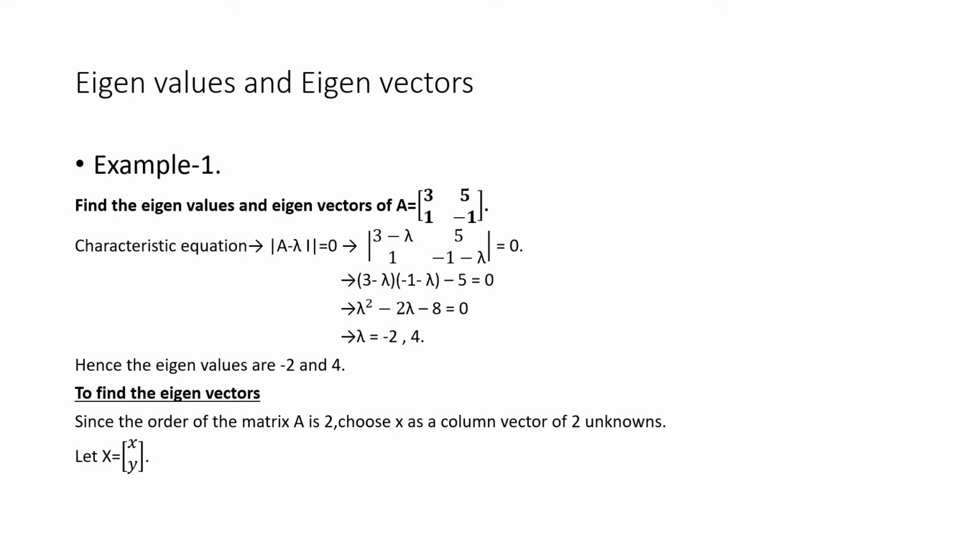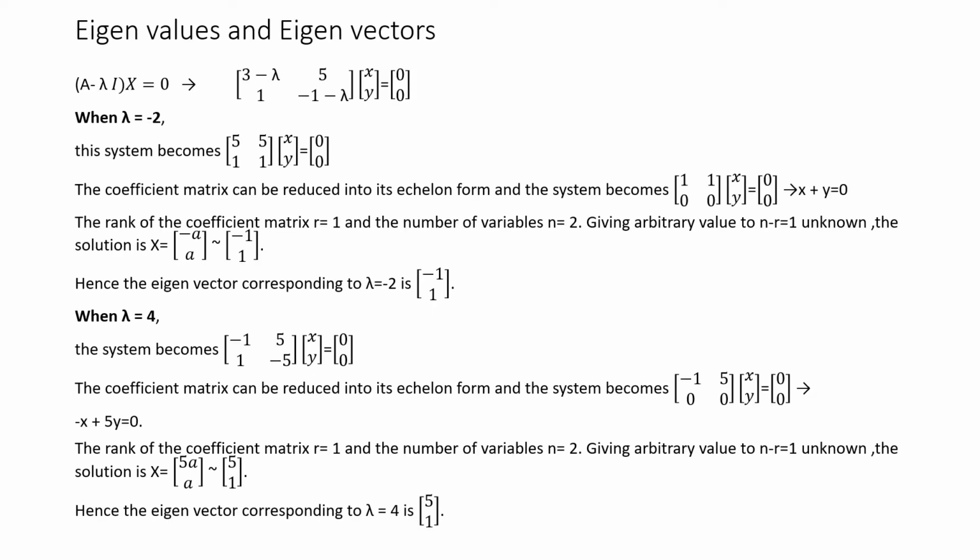To find the eigenvectors, we need x. Since the order of the given matrix A is 2, choose x as a column vector of 2 unknowns. Let it be the column vector x, y. (A minus lambda I) x equals 0 implies the matrix with rows 3 minus lambda, 5 and 1, minus 1 minus lambda, into column x, y equals 0.